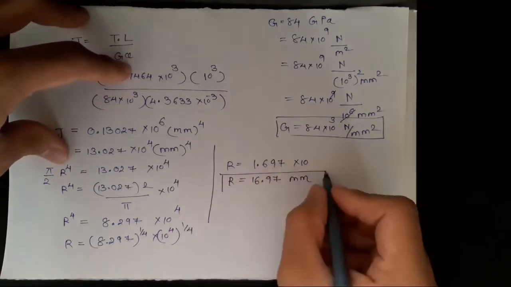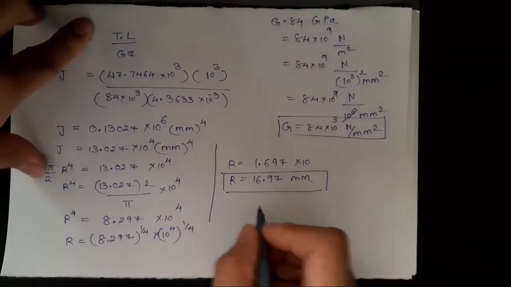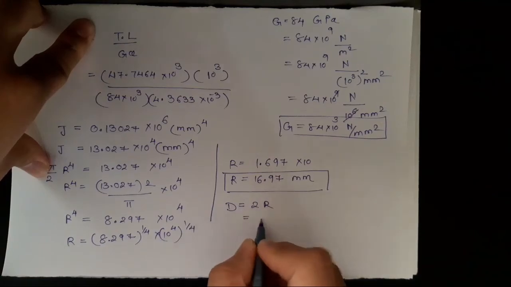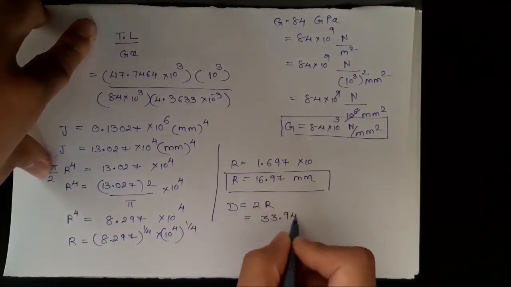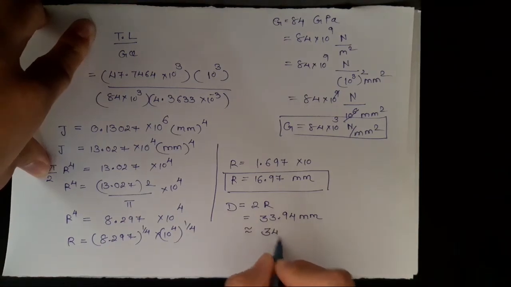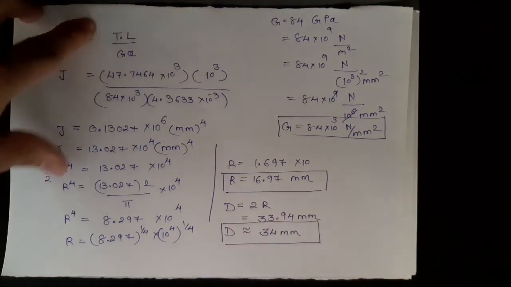So radius of the shaft is 16.97, and as you know, the diameter equals to 2 times of radius. So diameter of the shaft D is equals to 2r. So it will be 33.94 mm, which can be taken as 34 mm. So diameter of this solid shaft is 34 mm.